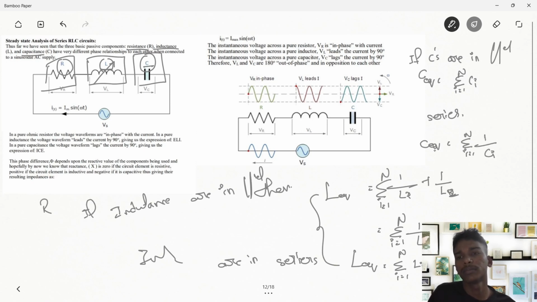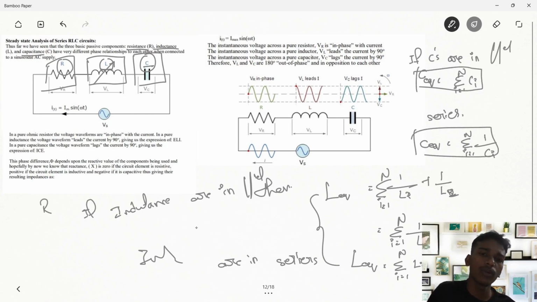And if they are in series, then 1 by C equivalent equals the summation of 1 by Ci, i equal to 1 to n. Just try to have this basic idea of how we are going to sort out all the R's, L's, and C's in a circuit. Then we will carry out all the calculations that we need.